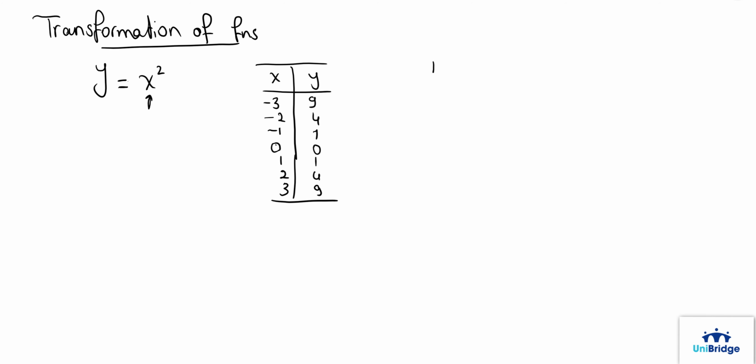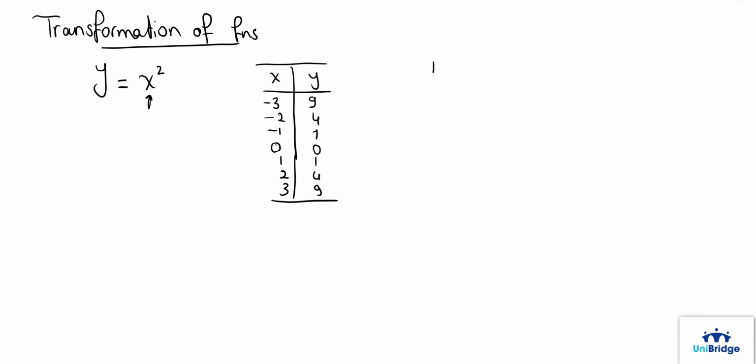So when I go and sketch this function, instead of getting -3 at 9, I'm adding 2, so I'm going to get it at the 11. The -2 is going to be at the 6. The -1 is going to be at the 3, the 0 at the 2, and so on.